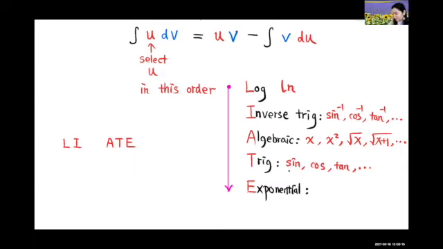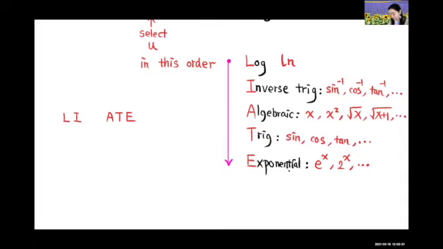Exponential functions could be e to the x, 2 to the x, etc. So it goes down this order, and you choose u in this order: LIATE. First this, and then this, and this, and this. Okay, let's use this in our next example.